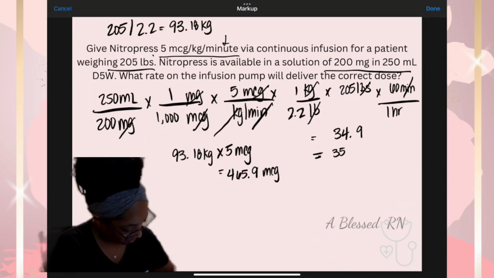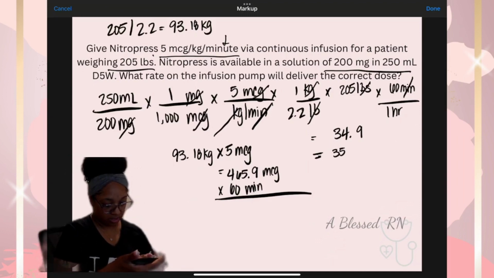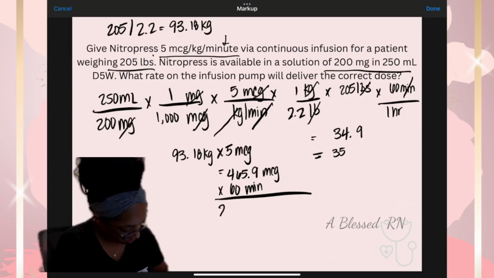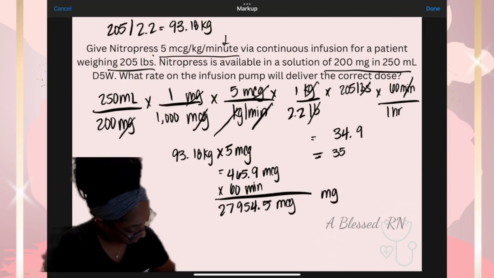So we need to times that by 60. So we can get how many is in an hour, which would be 27954.5 micrograms, and we need milligrams.